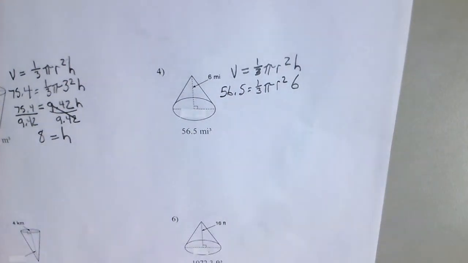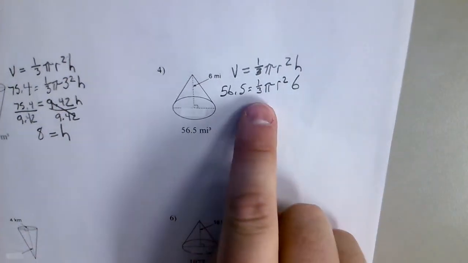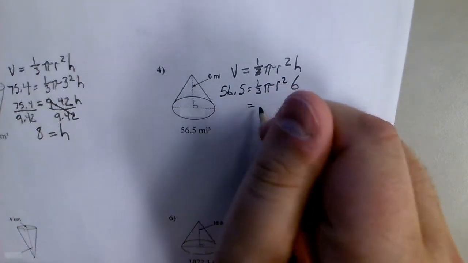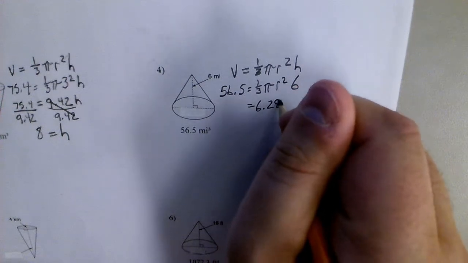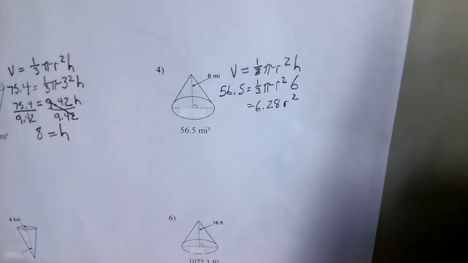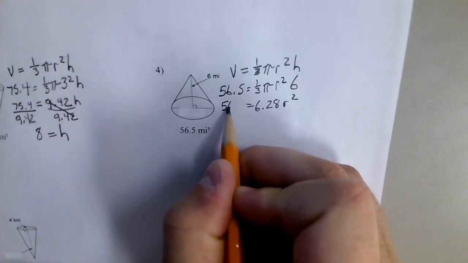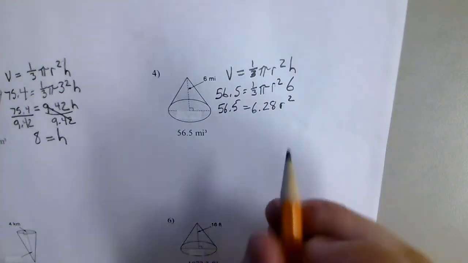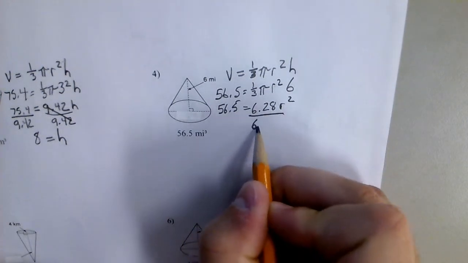So on the right side, I'm going to do some combining. I'm going to take 1/3 pi and 6 and combine them together. So 1/3 times pi times 6. So I got 6.28, and then we still have this r squared over here that we're going to have to take care of. And that's going to equal 56.5. So I'm going to divide away this 6.28.